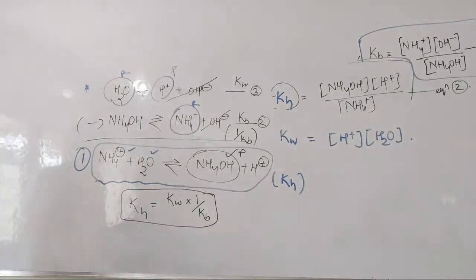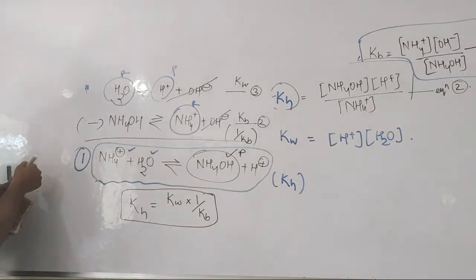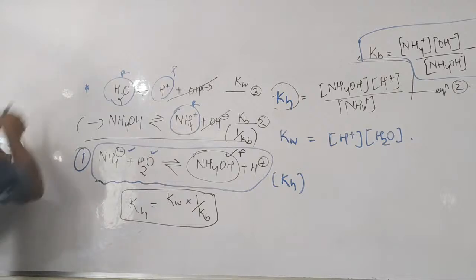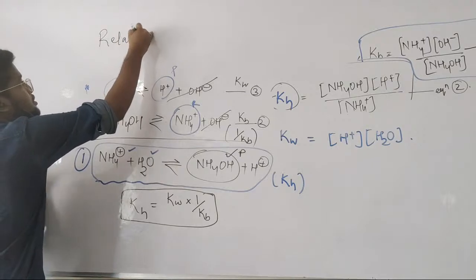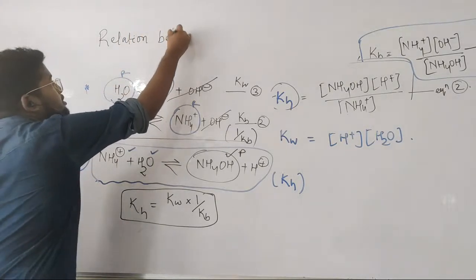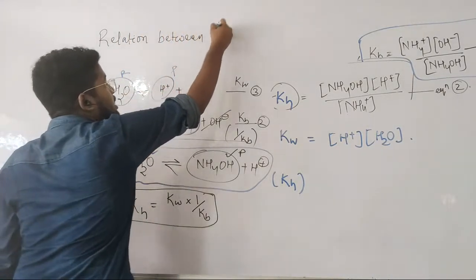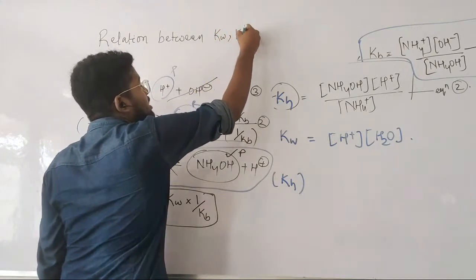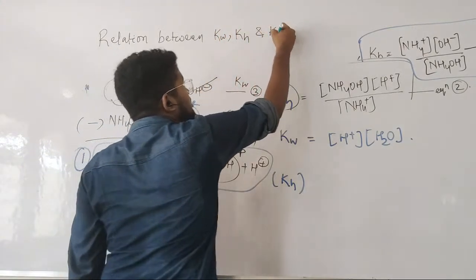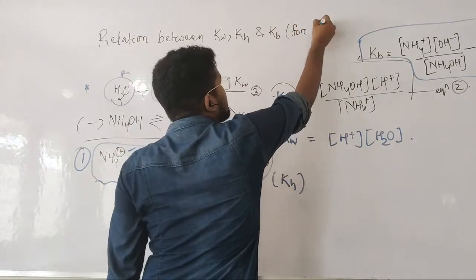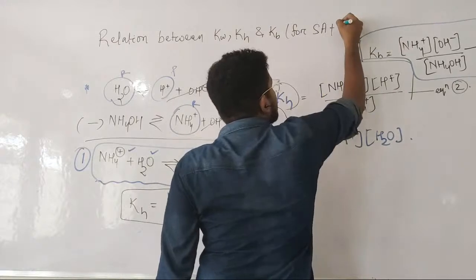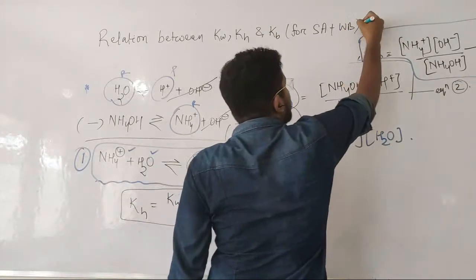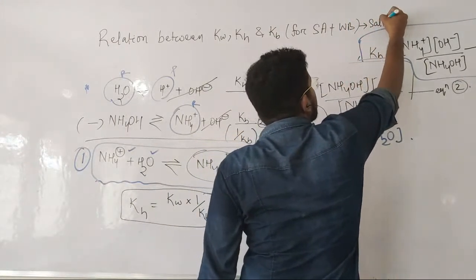This is the relation between Kw, KH and Kb for strong acid and weak base salt hydrolysis.